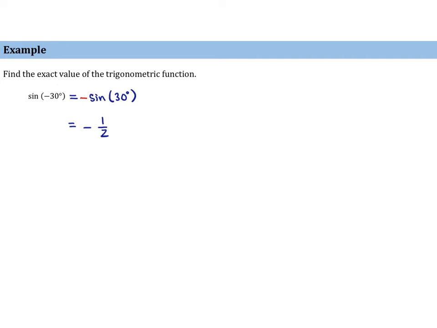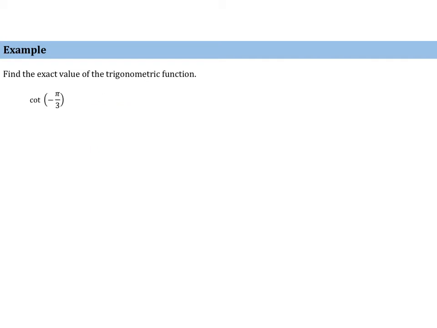And we have negative 1/2. For cosine of negative 45 degrees, well, cosine functions are even functions. So therefore, this will be the same thing as just cosine of 45 degrees. But cosine of 45 degrees is the square root of 2 over 2.